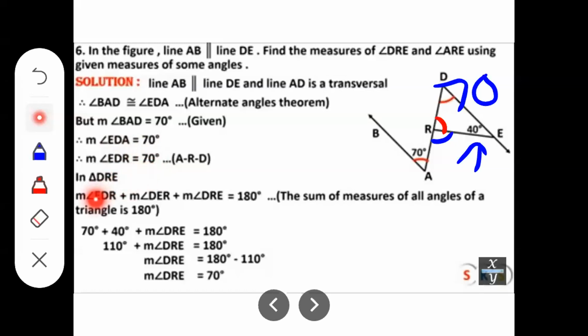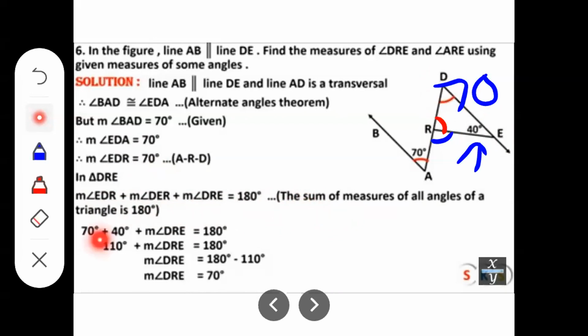Now in triangle DRE, this upper triangle DRE, just before I explained along with figure that if two of the values are given, we can find third one by using this property. So let's write the name of all three angles here. Okay, all three angles equal to 180 degree. Write the reason in front of step.